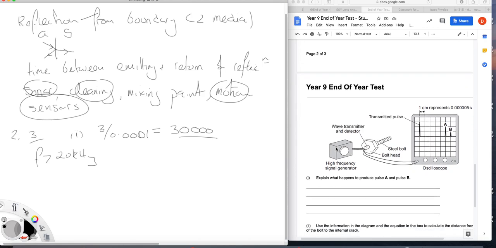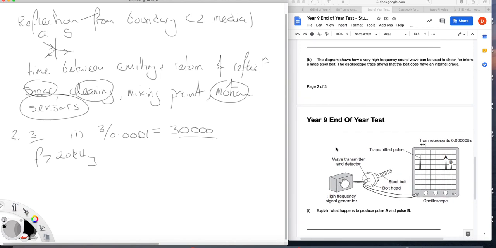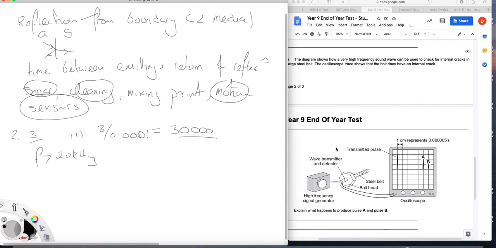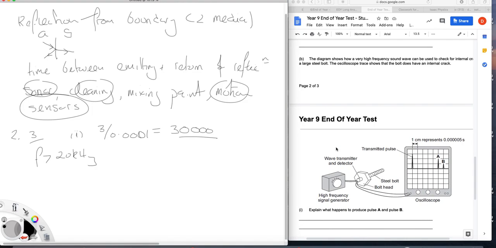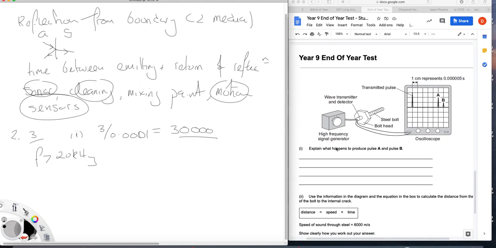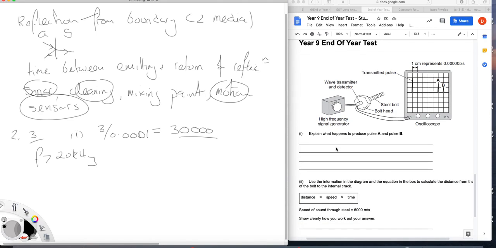Part B then. The diagram shows how a very high frequency sound wave can be used to check for internal cracks in a large steel bolt. The oscilloscope trace shows that the bolt does have an internal crack. So, what happens to produce the pulses A and B?